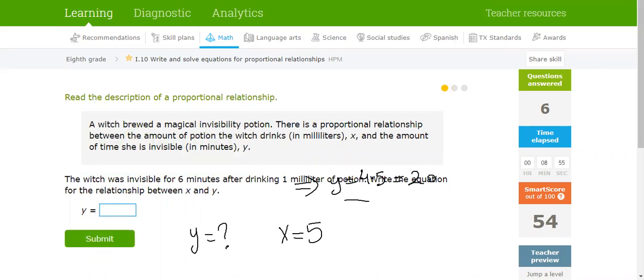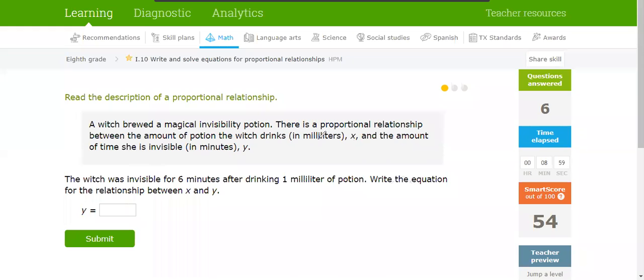Okay, so now we have a new question. First, let's see what x represents. I'm going to write it down here. x is equal to, and x represents the amount of potion the witch drinks. The amount of potion.